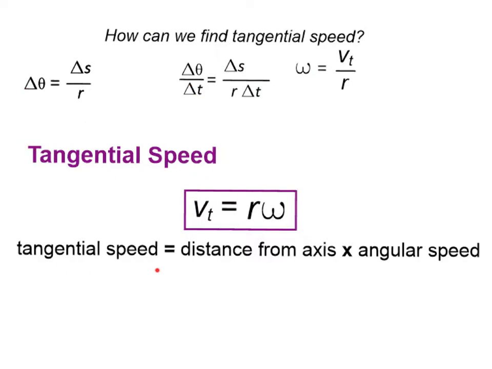The tangential speed is equal to the distance from the axis, r, times the angular speed, omega. Omega in this case is the instantaneous angular speed rather than the average angular speed because the time interval is so short. Also, this equation is only valid if omega is measured in radians per unit of time.